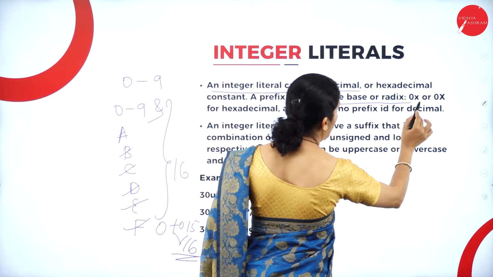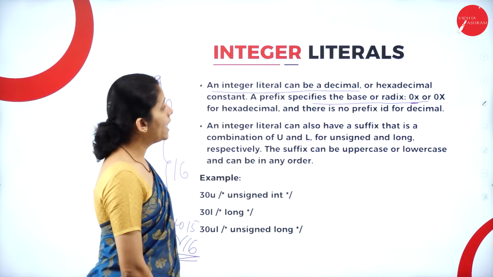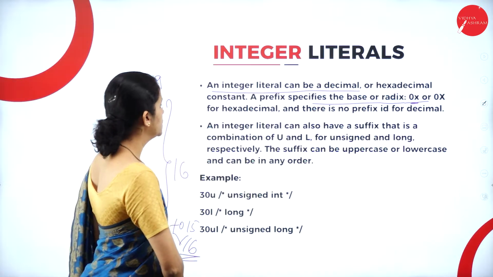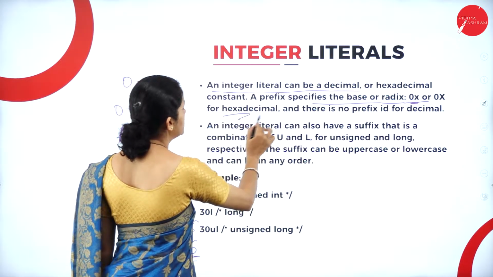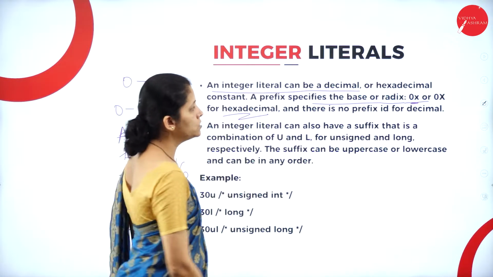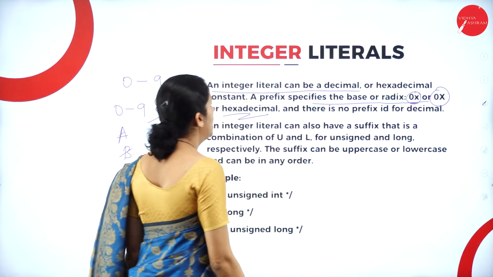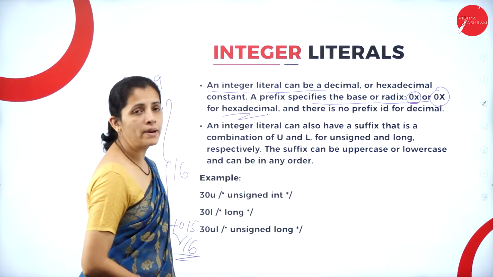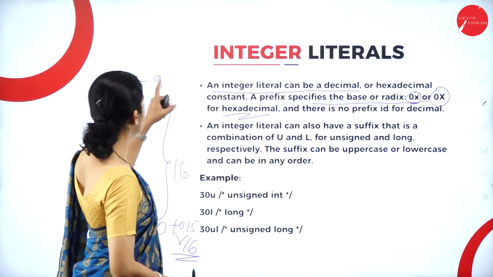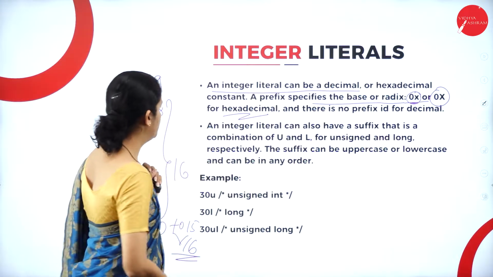So here I have 0 small letter x and 0 capital letter X. So if I'm going to use a hexadecimal constant, then I can use this one or this one. And there is no prefix used for decimal. That means if I go with 0 to 9, then I don't have any prefix.